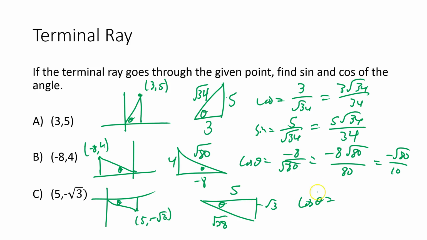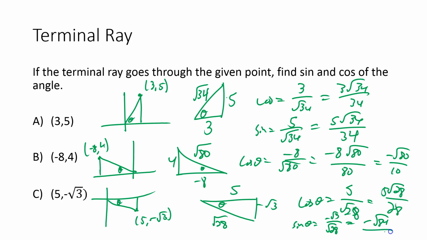So cosine theta would be adjacent 5 over root 28. Which is 5 root 28 over 28. And sine theta would be negative root 3 over root 28. Which should reduce to, let's see, 3 times 28, 90 minus 6, 84. So negative root 84 divided by 28.